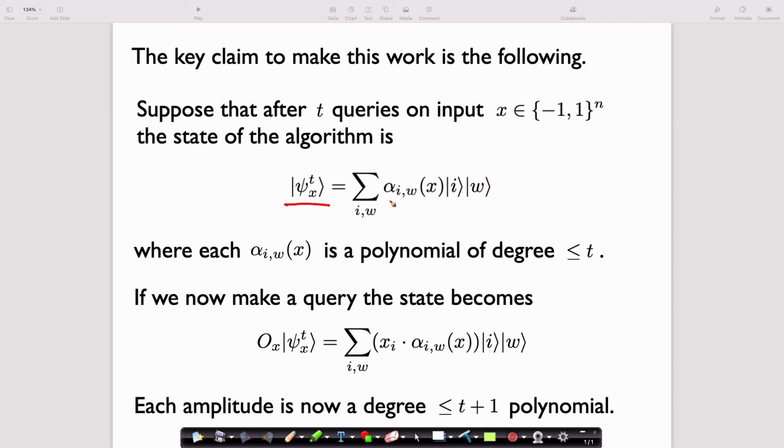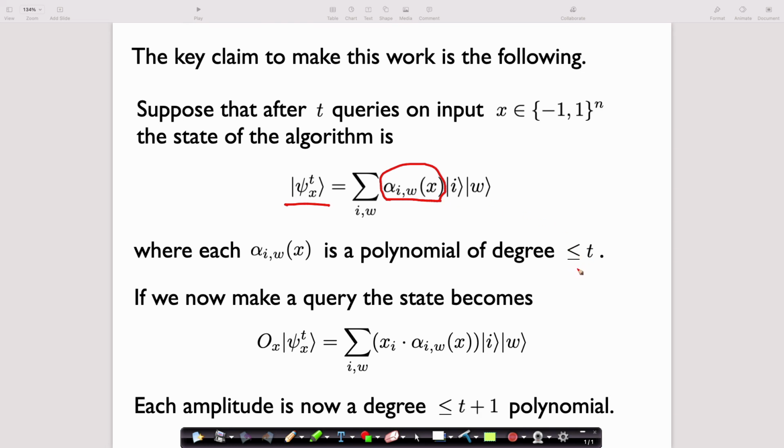I'm going to view the amplitudes on these basis states as a function of x, so I can express these amplitudes as a polynomial in x. We're basically going to show by induction that these amplitudes are polynomials of degree at most t.